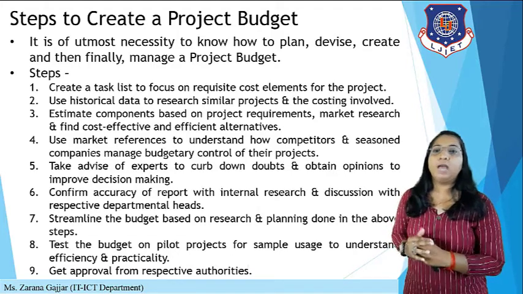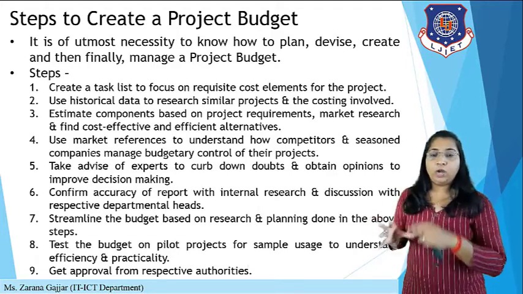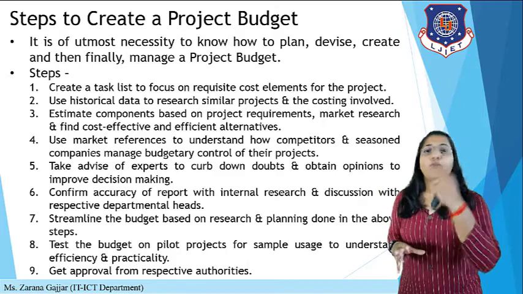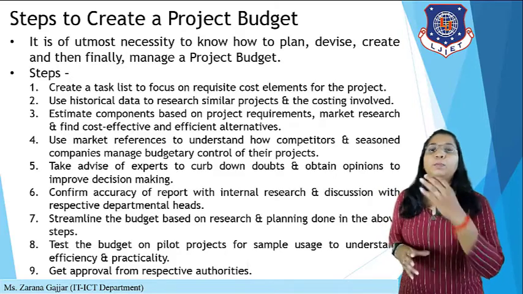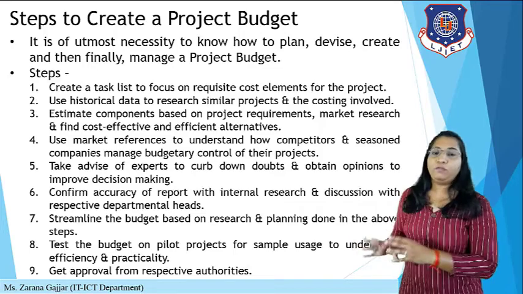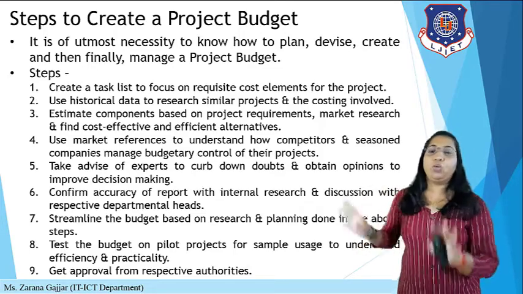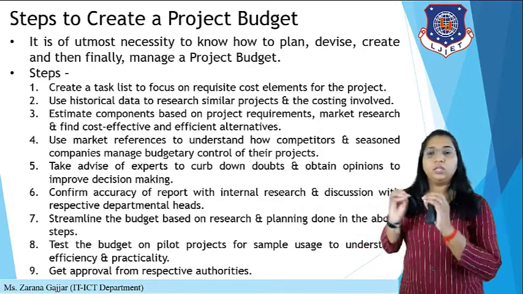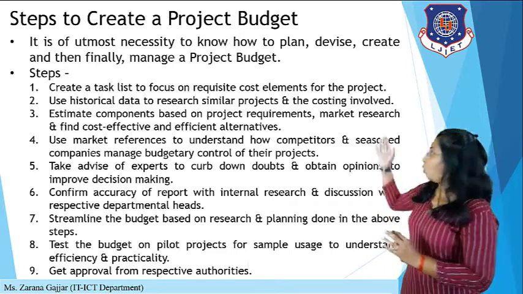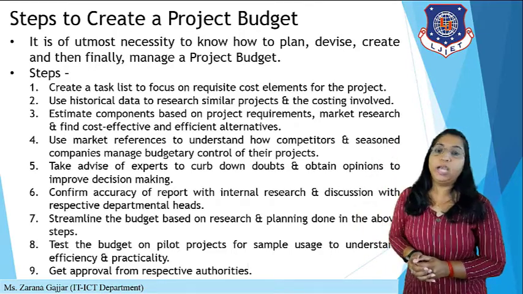And the last step, you go to the higher authority for approval. Your father will approve the budget and notify you that this is the final budget and we are going to construct this house in this budget only. So these are all the steps for creating a project budget.